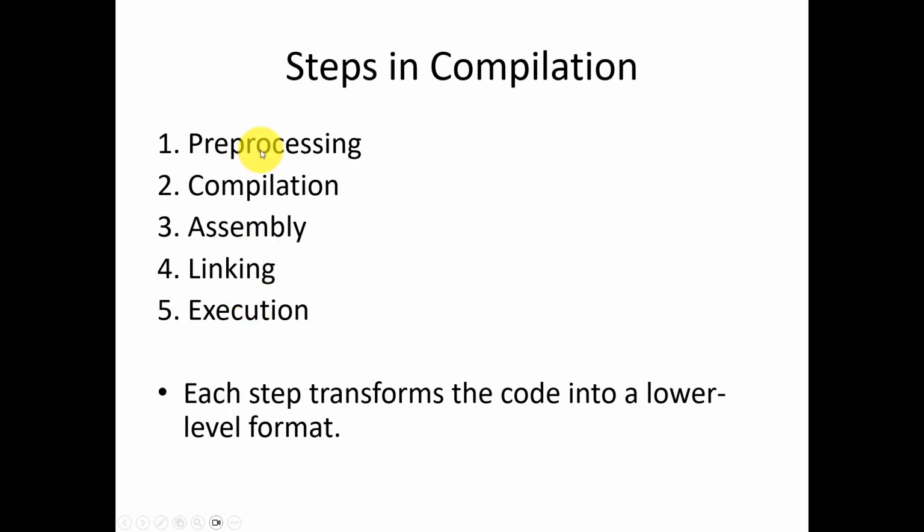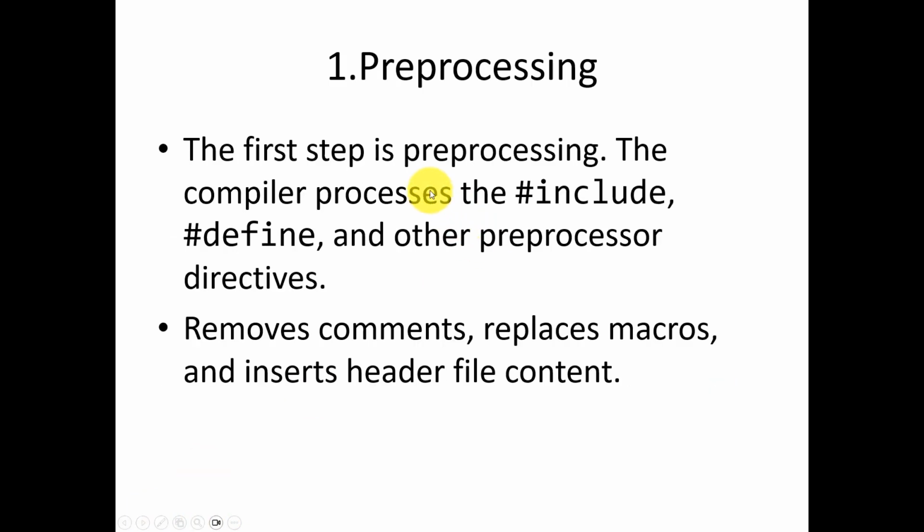Each of these steps transforms the code into a lower level format. Let's start with the first step, which is called pre-processing. Actually, in this stage the compiler will process the preprocessor directives, such as include or define.